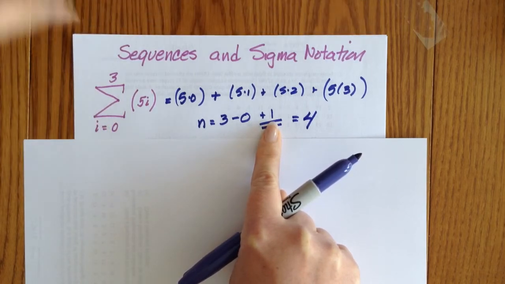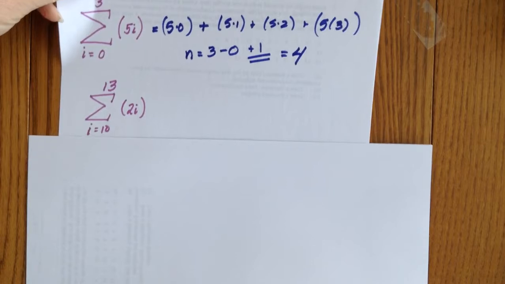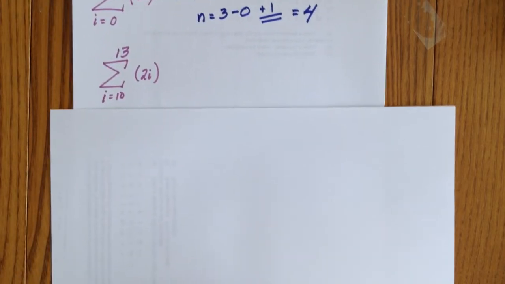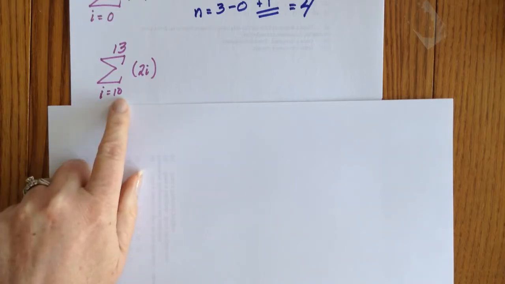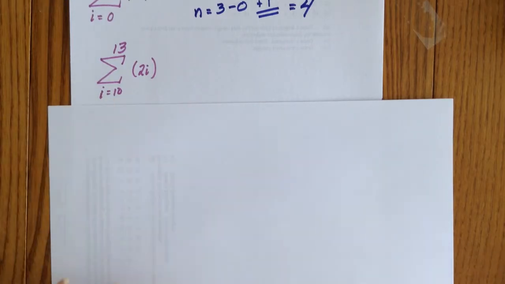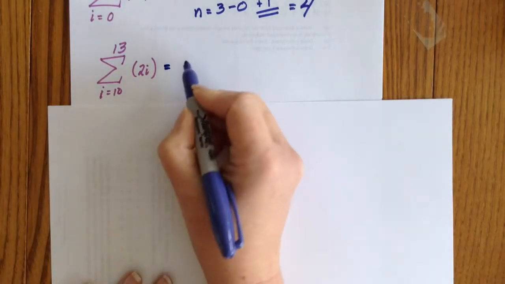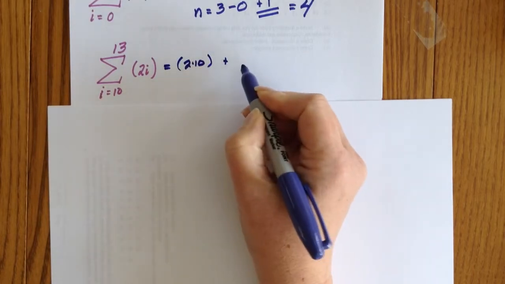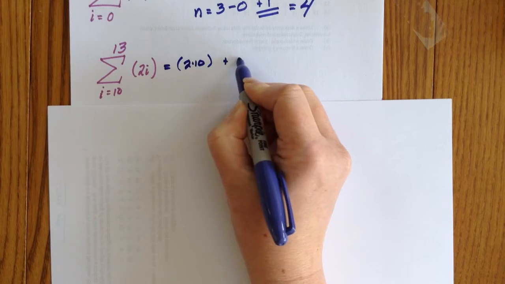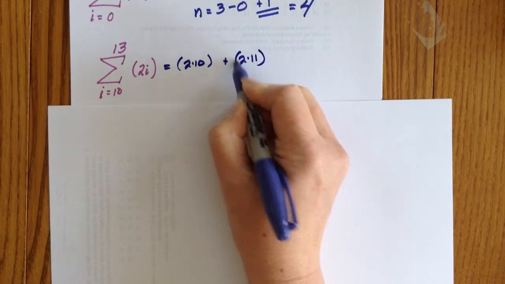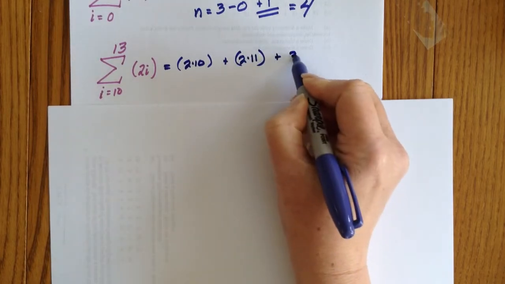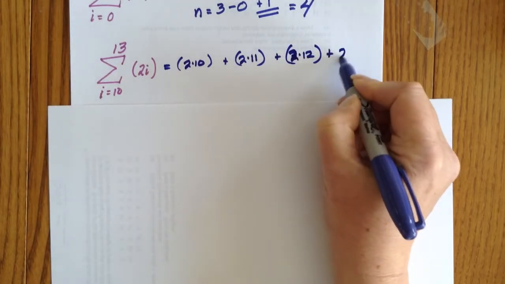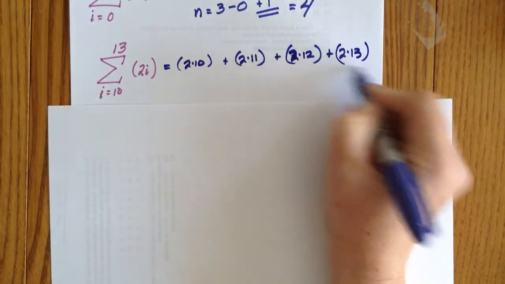Okay, what about this? Oh, look what I've done. I didn't start with 0, I started with 10. Well, what would this mean? This would mean fill in 10, go up by 1, fill in 11. These are the counting numbers. 12, and 13.